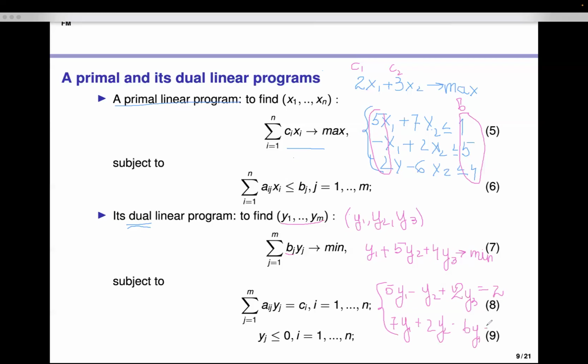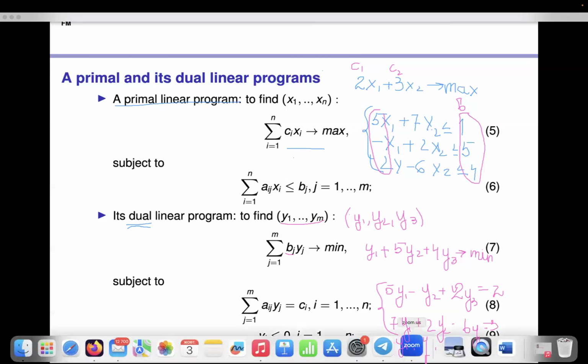And in this case, I need to write that y1, y2, and y3 are not negative.